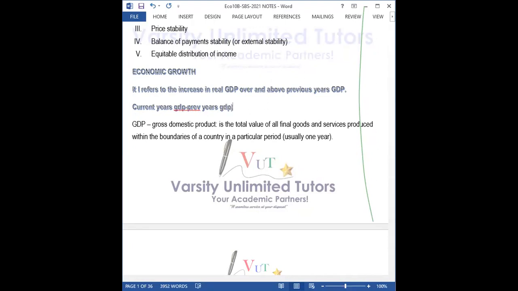Then we divide that by the previous year's GDP. Then we multiply by 100. The percentage that we get there is the one that is referred to as economic growth.